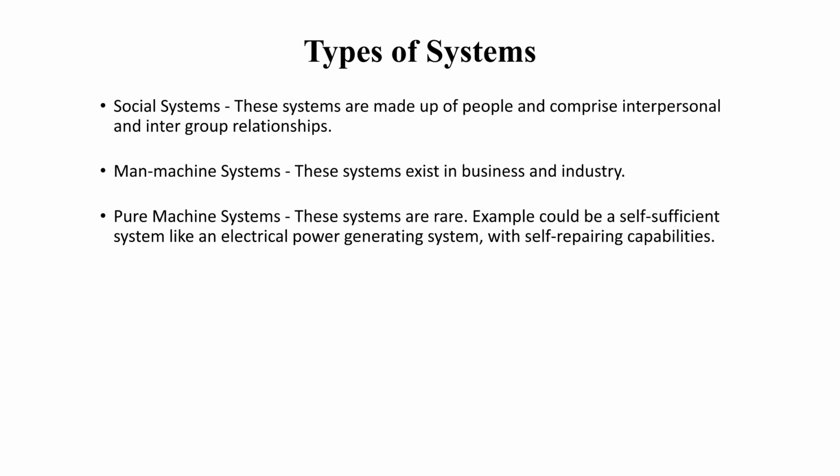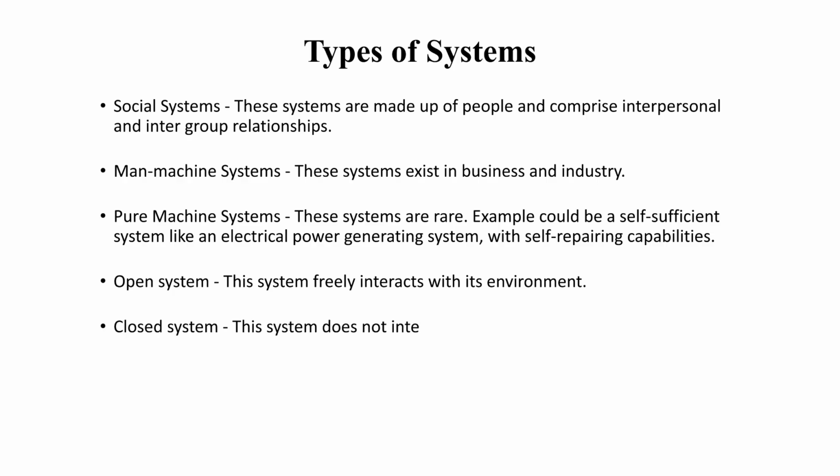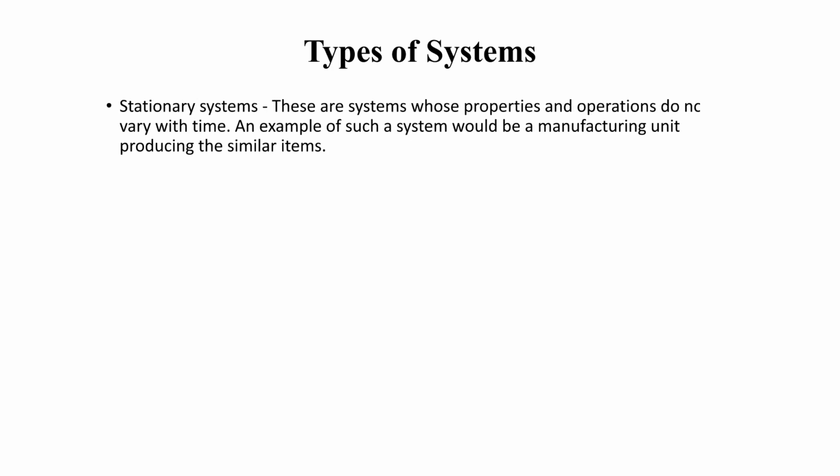The next one is open system. As the name suggests, the system freely interacts with the environment. The next type is closed system. This system does not interact with its environment. Now, what is the next category of system? Stationary systems. These are the systems whose properties and operations do not vary with time. An example of such a system would be a manufacturing unit producing similar items.